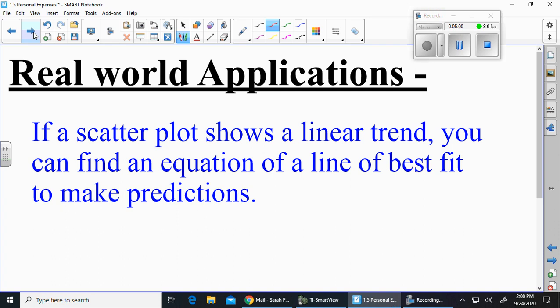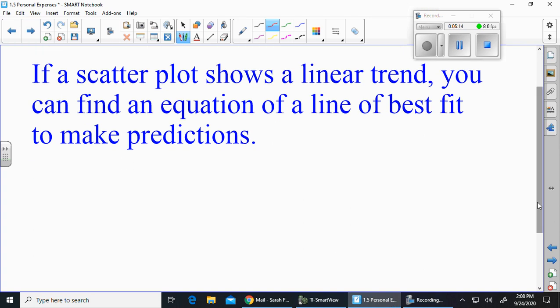If a scatter plot shows a linear trend, you can find an equation of a line of best fit. So we are going to go back and do a little bit of algebra. Now, what are the two things that I need from Algebra 1, geometry and Algebra 2? Slope of a line.